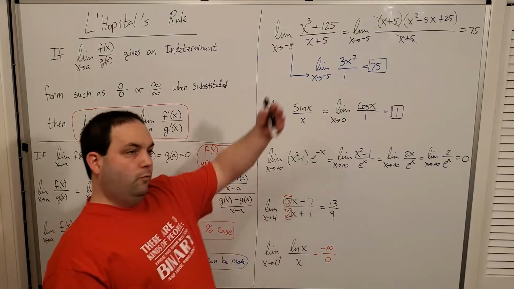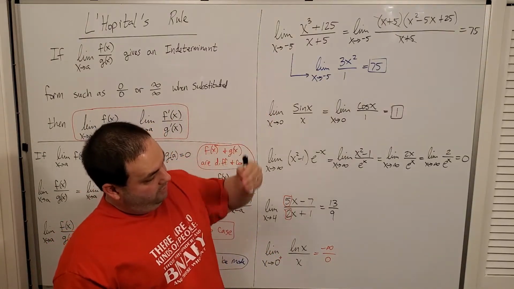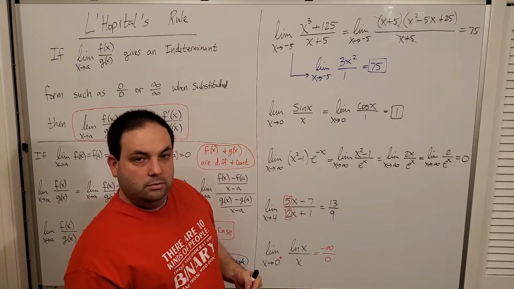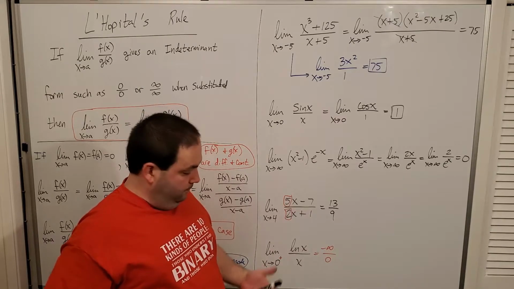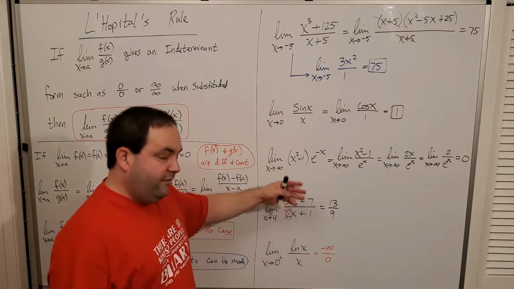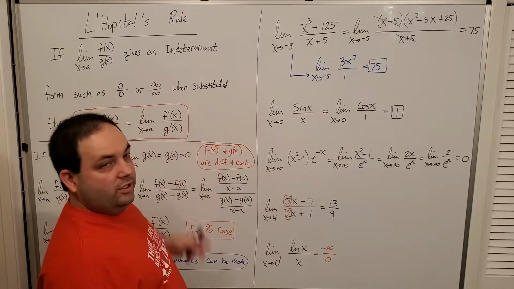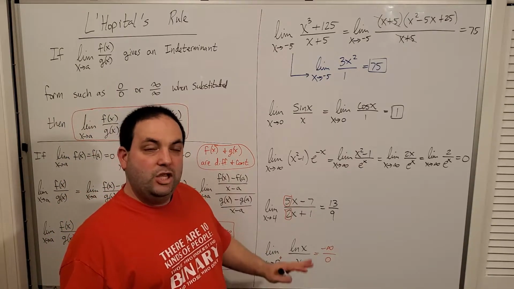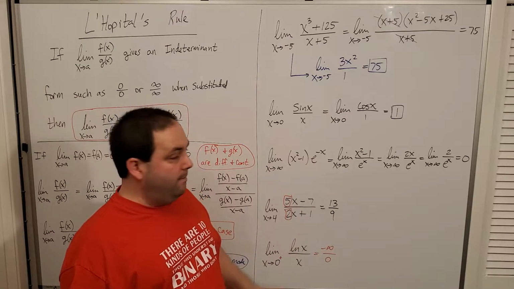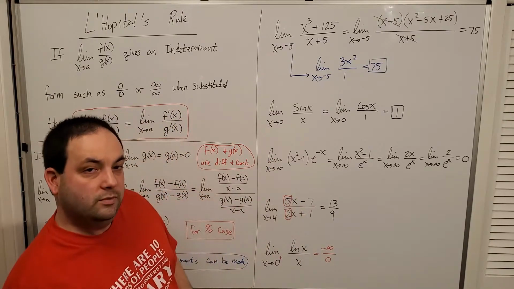Because ln x from the right approaches a vertical asymptote as x goes to 0. And of course, x goes to 0. So look at it. Infinity over 0 is not one of our indeterminate forms. So this is not a limit that can be used with L'Hopital's rule. It must be one of those other indeterminate forms.